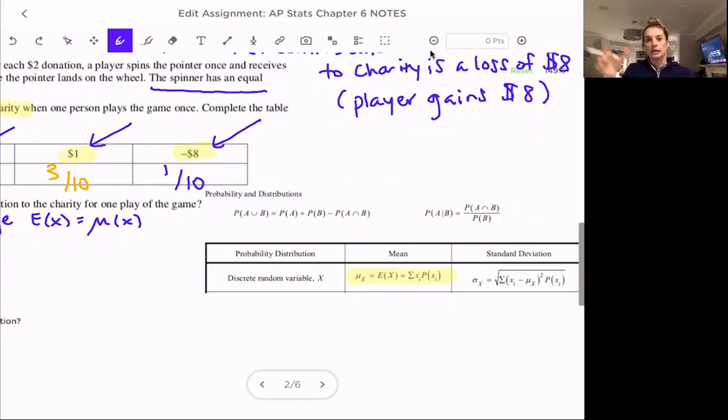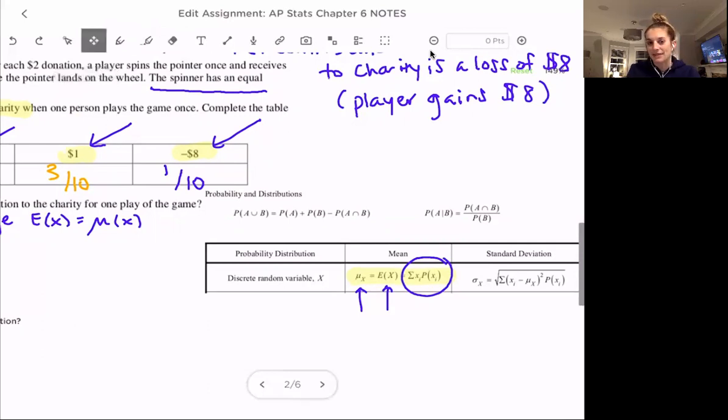There's gaps between our potential outcomes, the values it can take on. So note the notation, right? So mu sub x or mu of x, E of x. Look at the formula. It looks scary, but if we break it down, it's not scary at all.